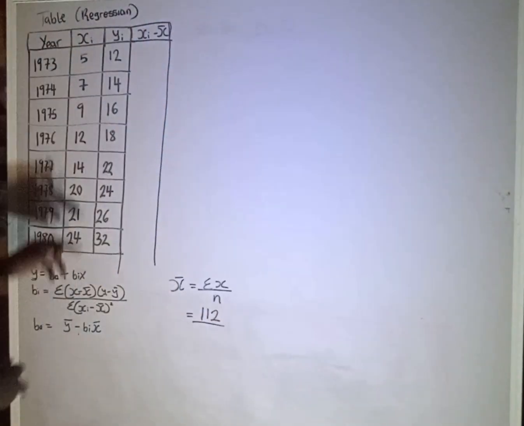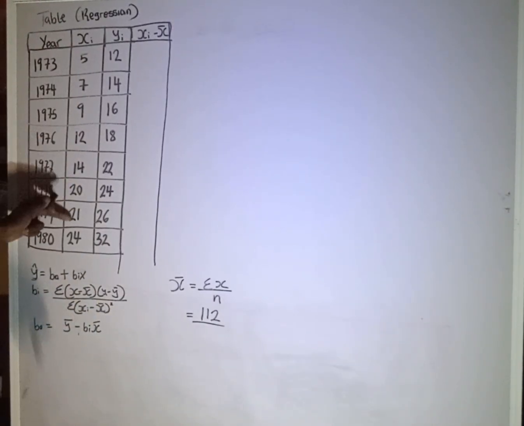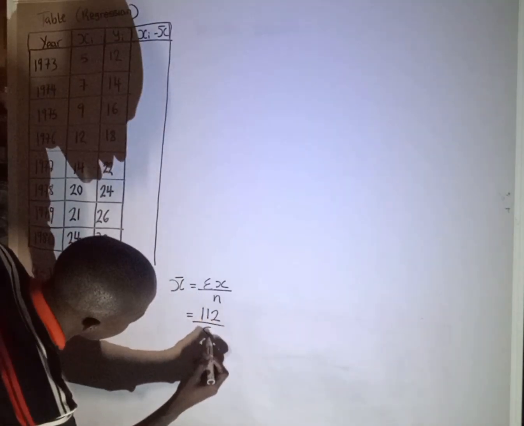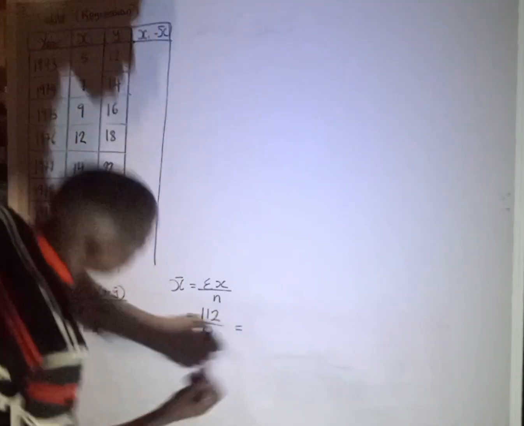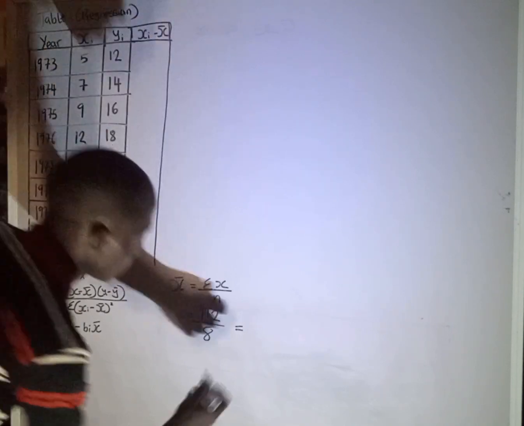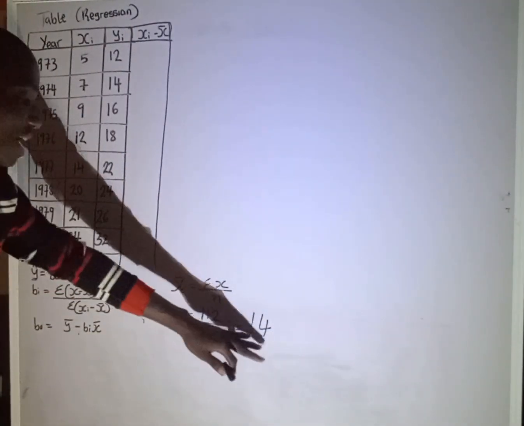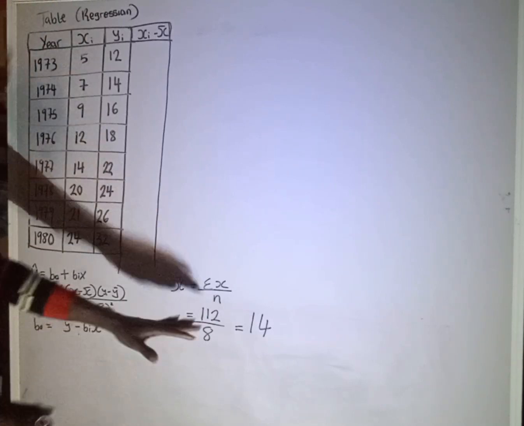The value of this summation is 112. So I will count the numbers one by one: 1, 2, 3, 4, 5, 6, 7, 8. So 112 divided by 8 is 14. So the value of my x bar, the mean of x, is 14.